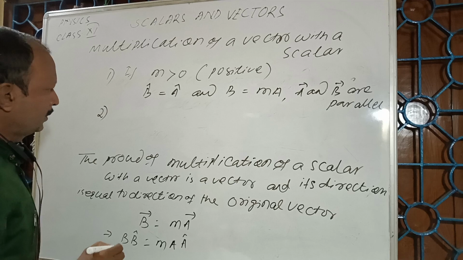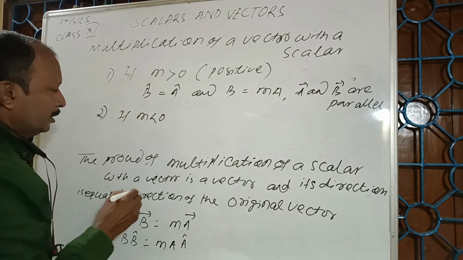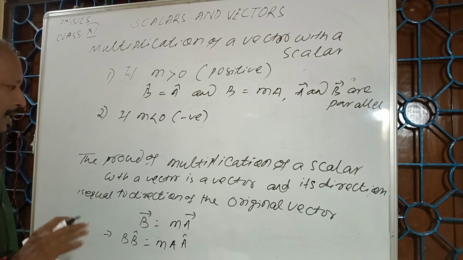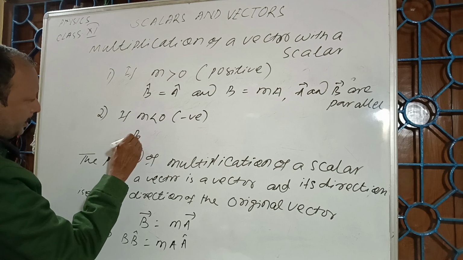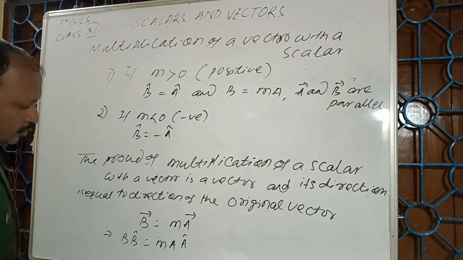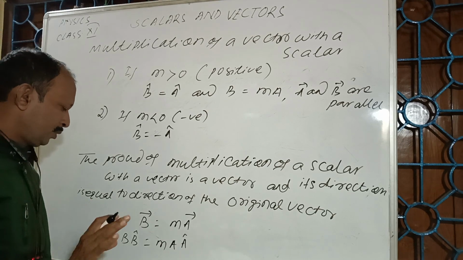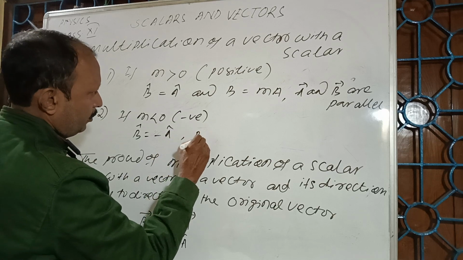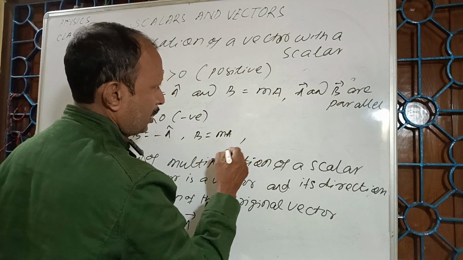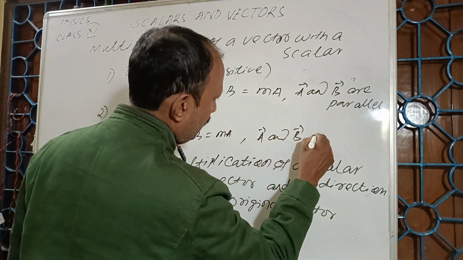Second case, if M less than 0, that means it is negative. In that case, I can write that B is equal to, the directions will be opposite. The magnitude will be same, no doubt at all. That B will be equal to M into A. Okay. And what about this vector A and vector B?